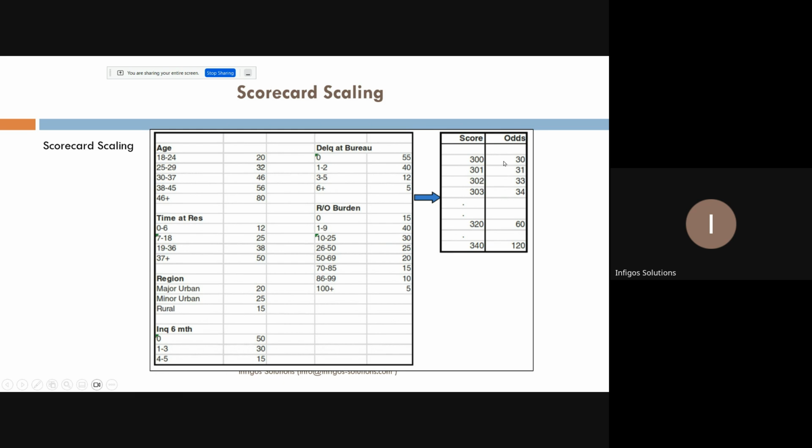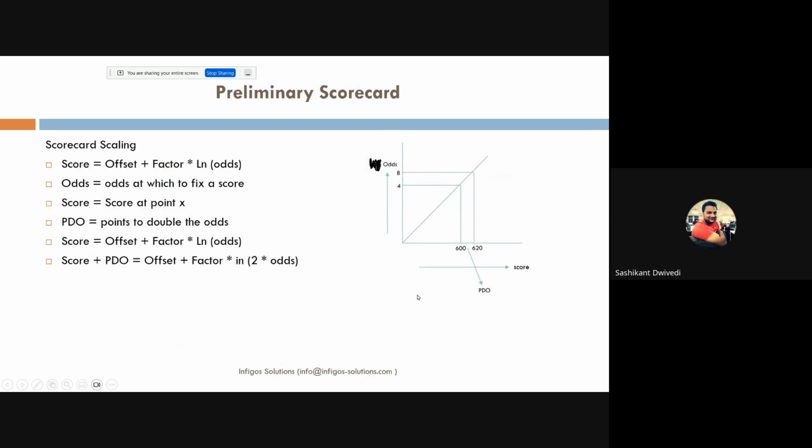At 300 points, you have odds 30. At 320, you have odds 60. At 340, you have odds 120. So, a good example is this.